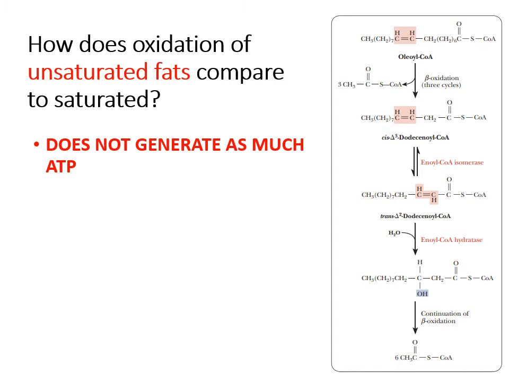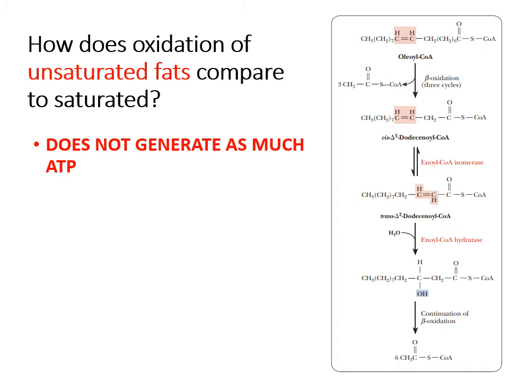Basically, this is because when you have the cis-trans isomerization or the double bond present in the unsaturated fats, this tends to be an unfavorable target for some of the enzymes that would be used in oxidation. So some of the enzymes will not be able to bind or to work on this kind of molecular arrangement. So you end up having some of the steps in oxidation being skipped.